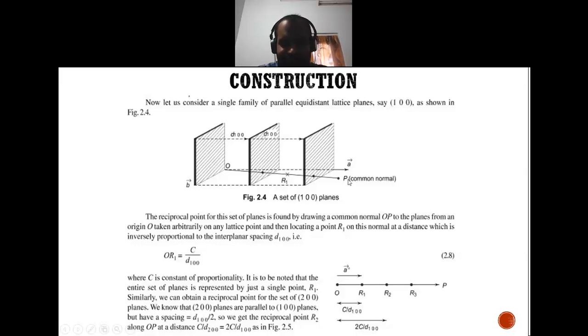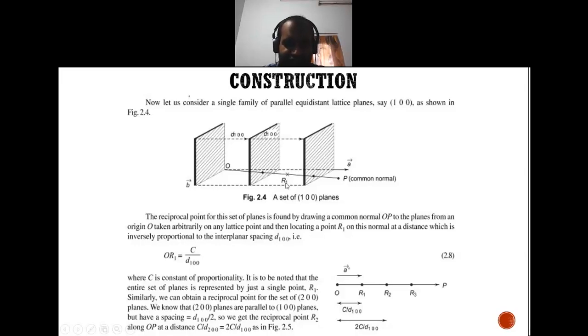Normal means perpendicular. The point R1 is chosen in such a way that the length OR1 is equal to some constant of proportionality divided by the interplanar spacing. What is the interplanar spacing? The distance between these two crystallographic planes, this shaded plane and this particular shaded plane.